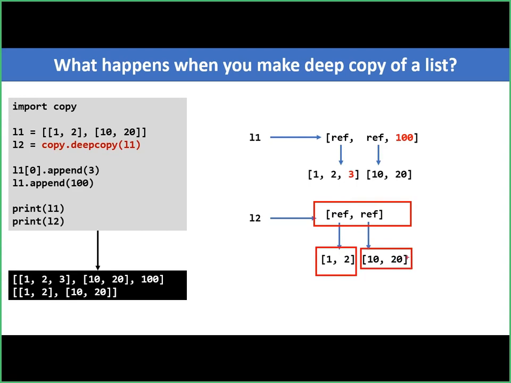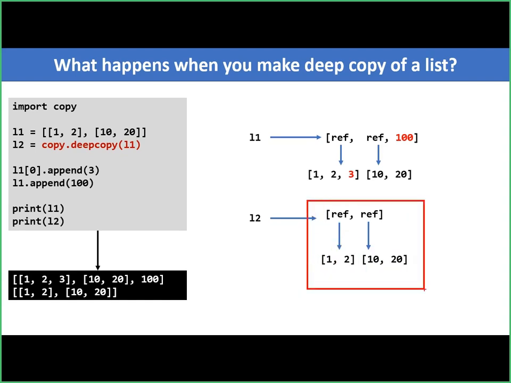Look at this. You have not just a copy of the first list and its objects, but it also goes down to the next level and creates one more copy of that list and this list. So you have a completely new copy of your list, including nested objects, meaning including nested lists.